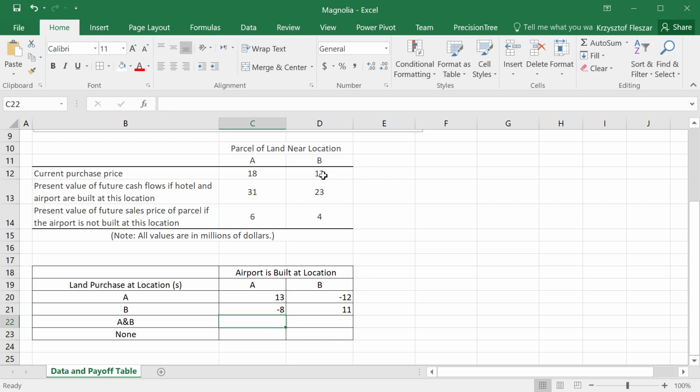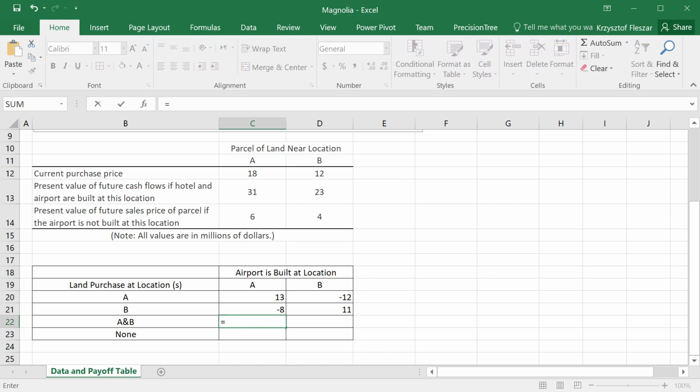Now let's see both locations, A and B. In both cases, we purchase both locations, so we incur the cost of both. But what are the profits?